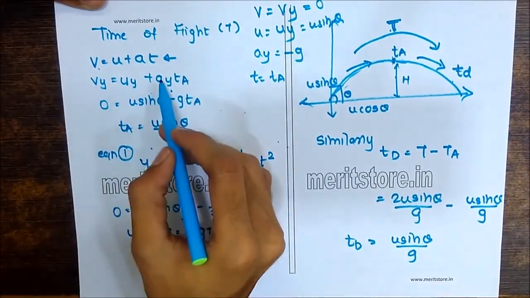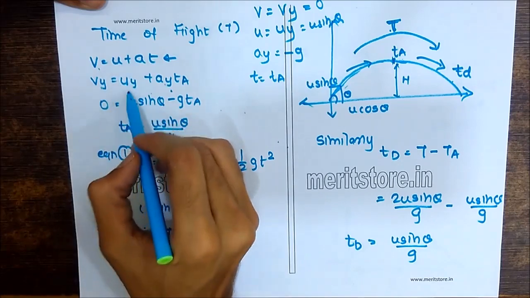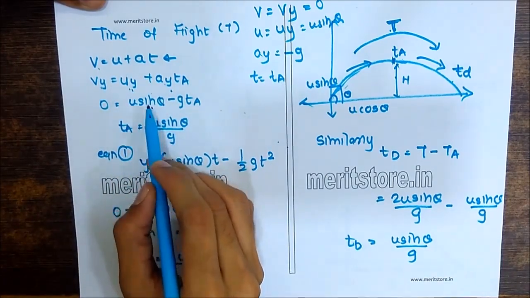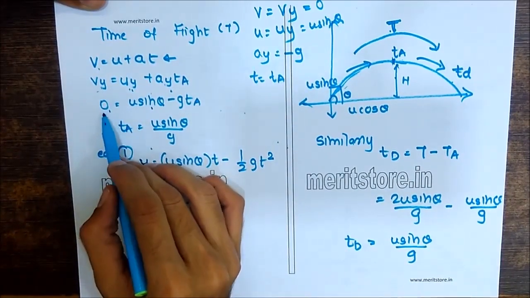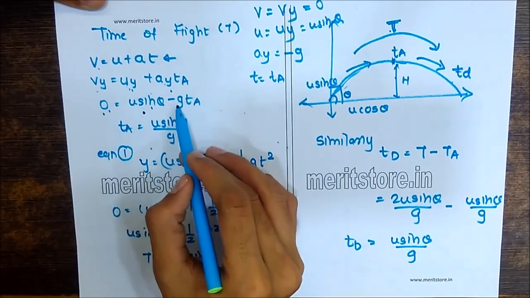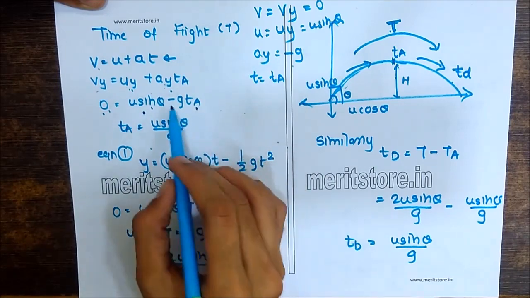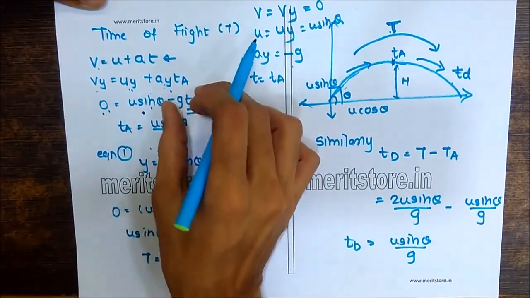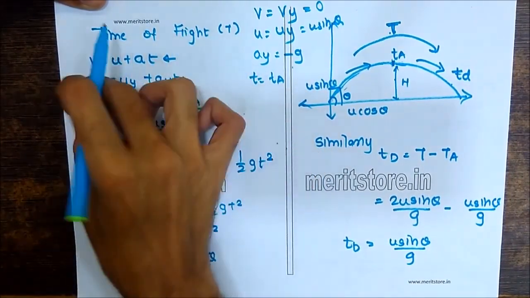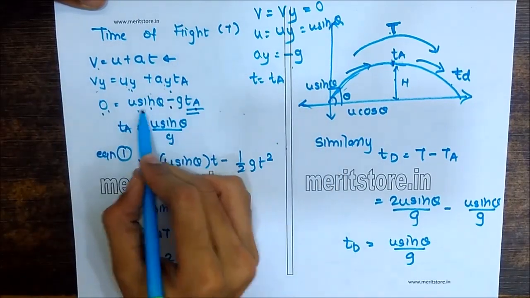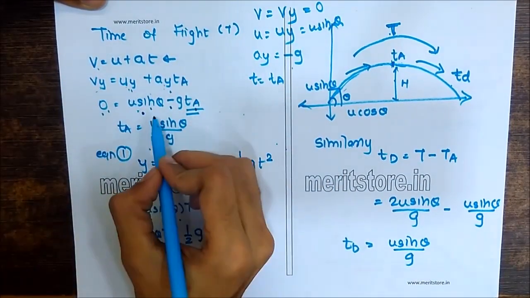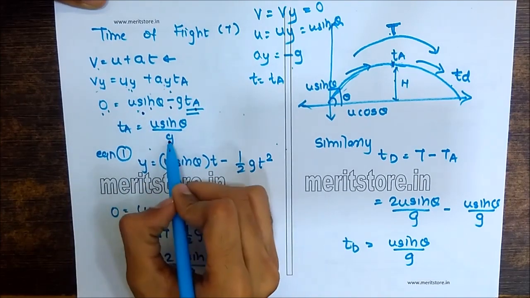So vy equals uy plus ay ta. Substituting the values, vy equals 0, uy equals u sine theta, ay is minus g, so 0 equals u sine theta minus g ta. We need to find the time of ascent, so shifting the terms, we get ta equals u sine theta upon g.